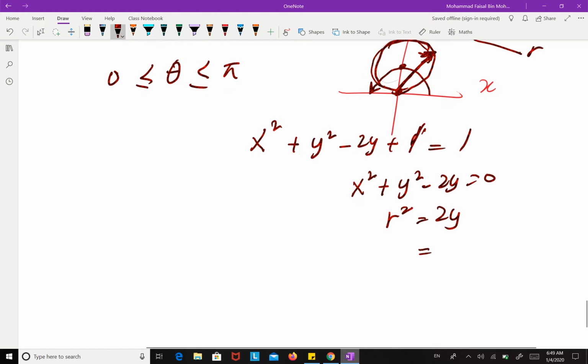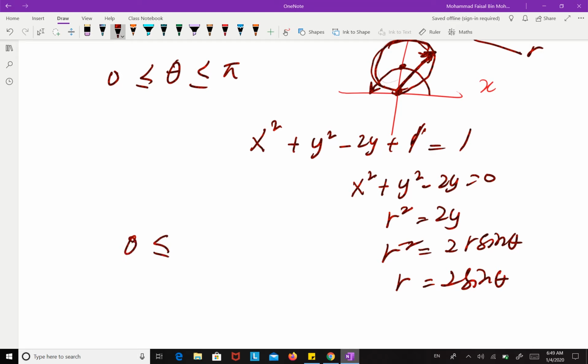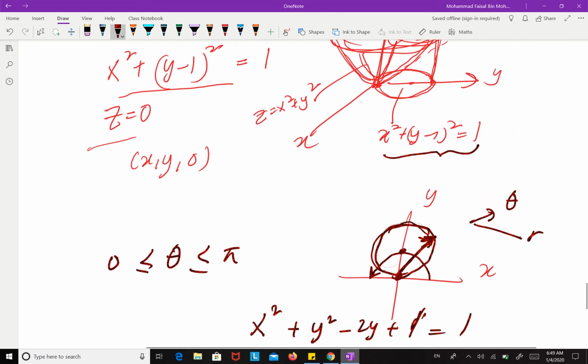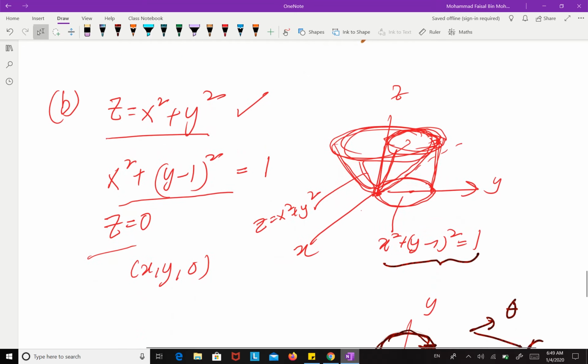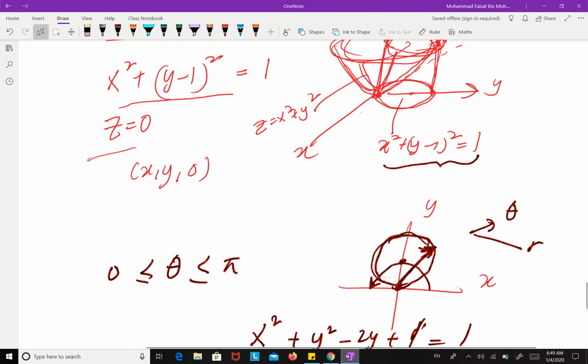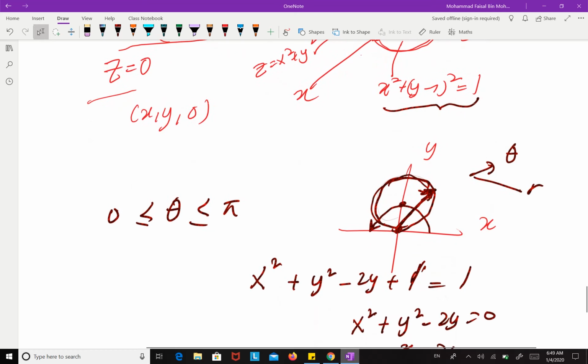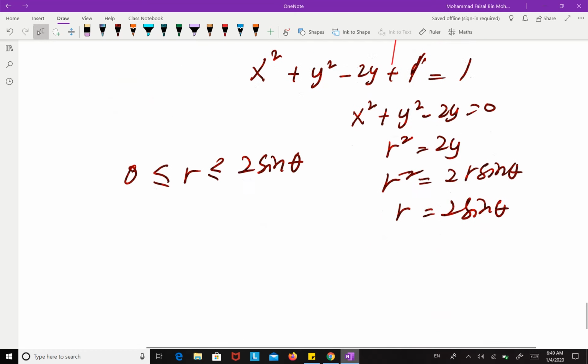Your y is r sine theta, and then cancel the r, it will be 2 sine theta. So now your r is from 0 to 2 sine theta. So we already get all the limits now.